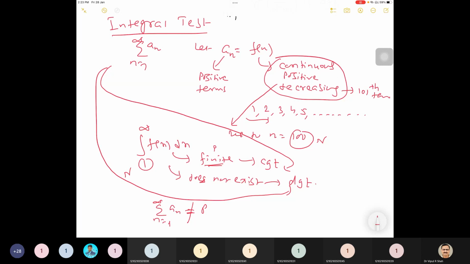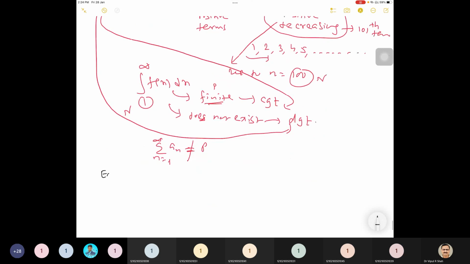So this is integral test. Done? Yes, sir. Okay. Let us take one example.